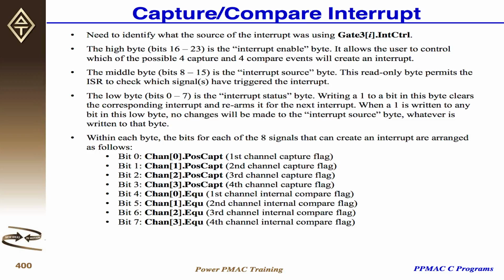This also tells you which signals triggered the interrupt. And the high byte is the interrupt enable byte. And this allows you to control which of the possible 4 capture events and 4 compare events for your IC can cause the capture compare interrupt to run.